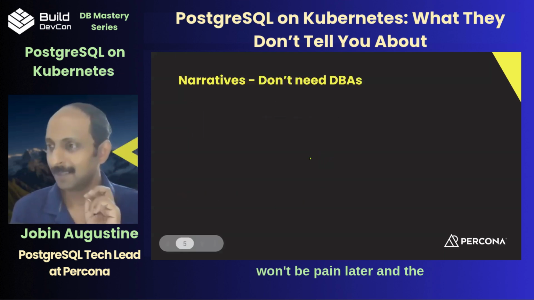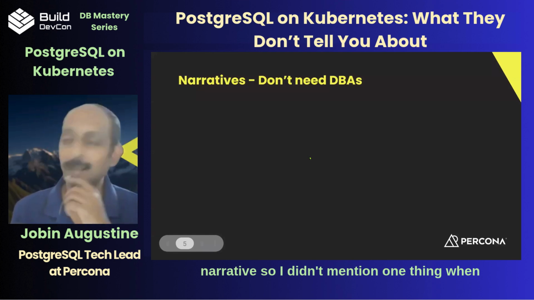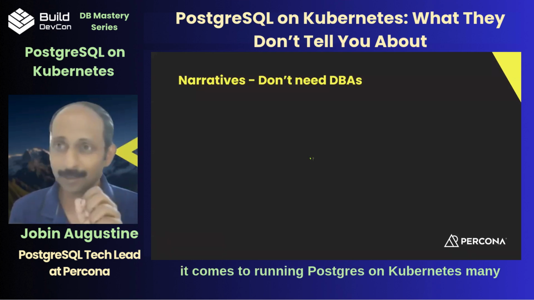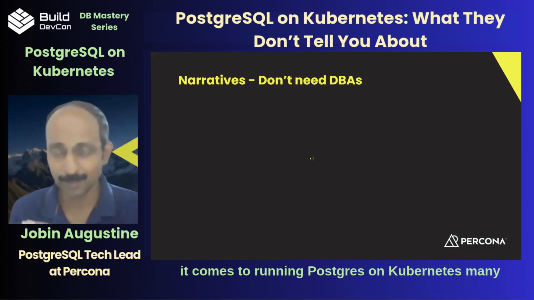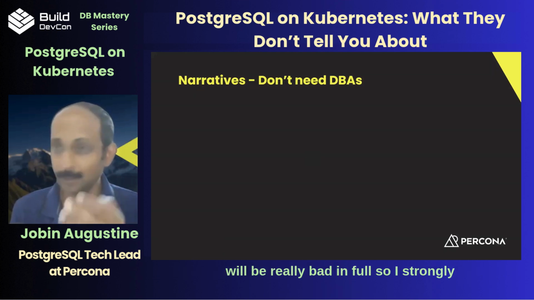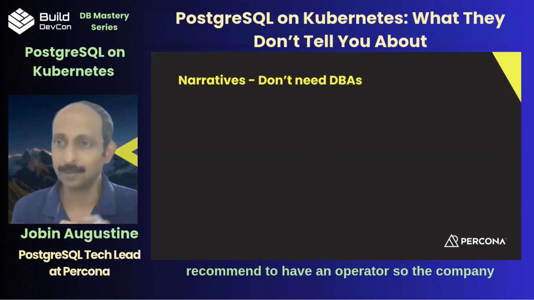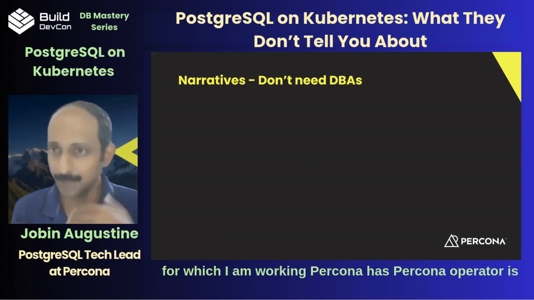And the narrative. I didn't mention one thing. When it comes to running Postgres on Kubernetes, many people tried running directly on Kubernetes in their own way. That will be really painful. So I strongly recommend having an operator. The company for which I am working, Percona, has a Percona operator.